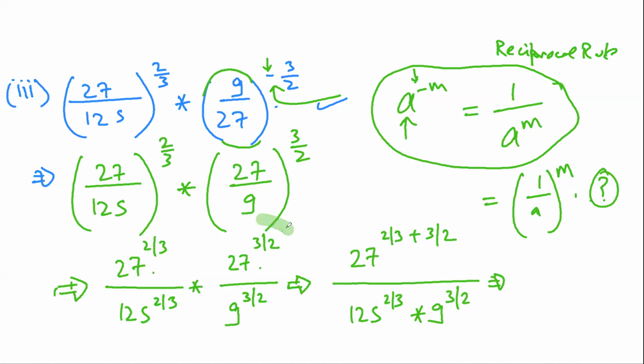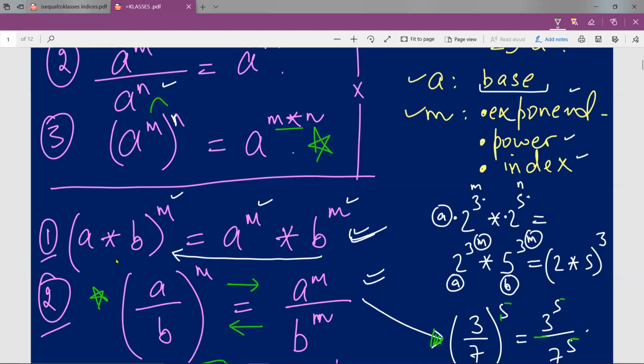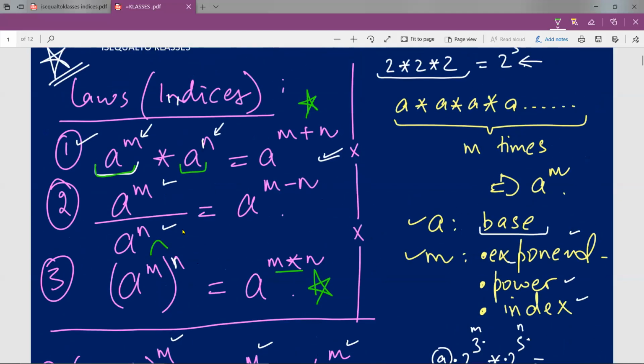How could I write this as this? Because I used this rule. Let me show you the rule: a raised to power m into a raised to power n is equal to a raised to power m plus n.